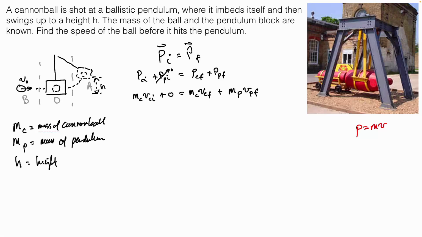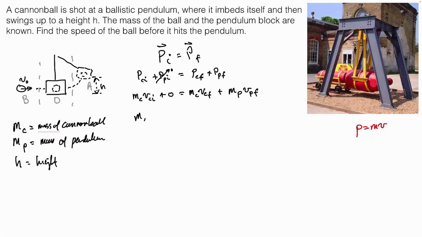Is there a different symbol I'm using for velocity cannonball initial? I called it V0 up there. Personally, I don't like writing all those subscripts. It gets confusing. Can I just write V0 for that velocity cannonball initial? I know what it is.